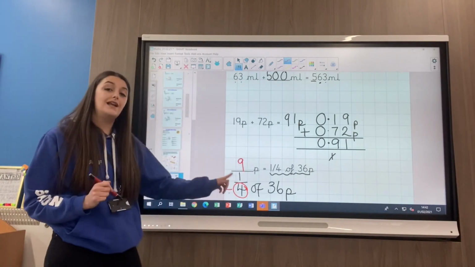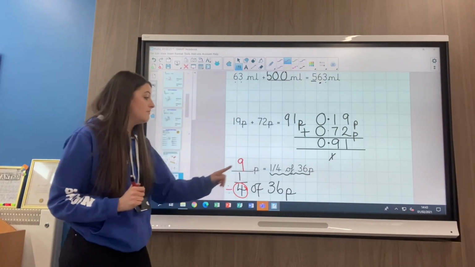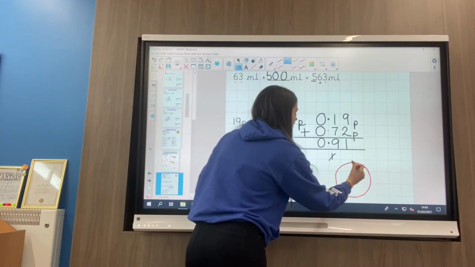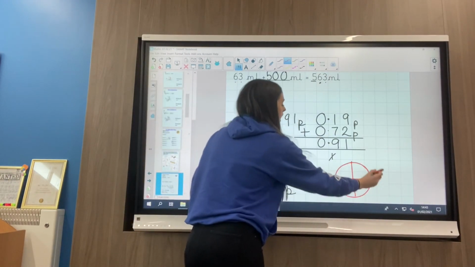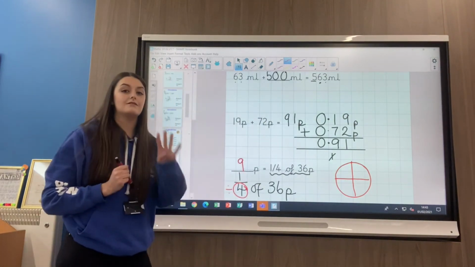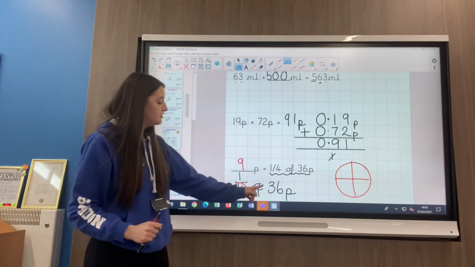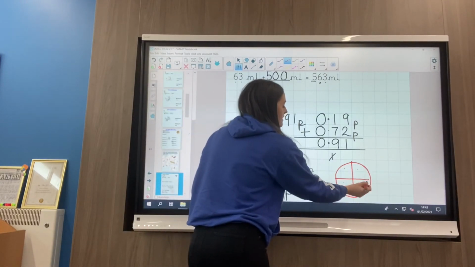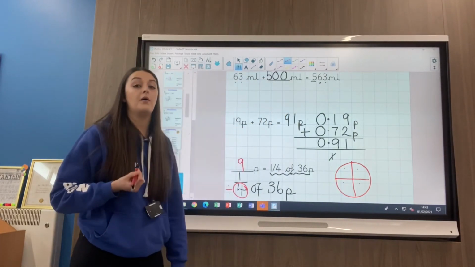Now if you're struggling to count in your 4s, remember a fraction, so 1/4, that's part of a whole. So we can get our whole pizza and split it into 4 equal parts, and you can share your 36 pennies out equally between those 4 equal parts.